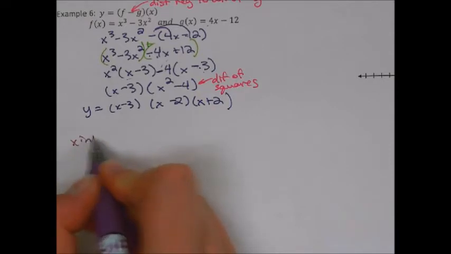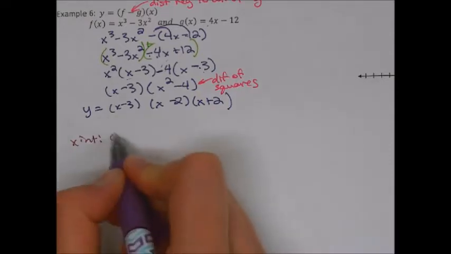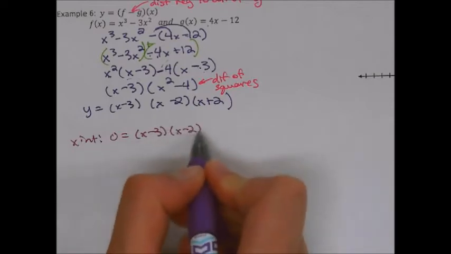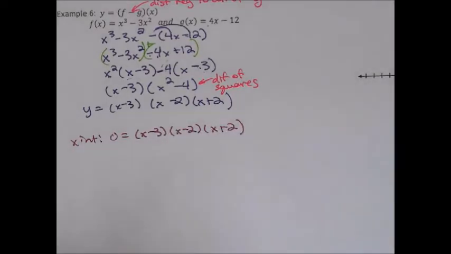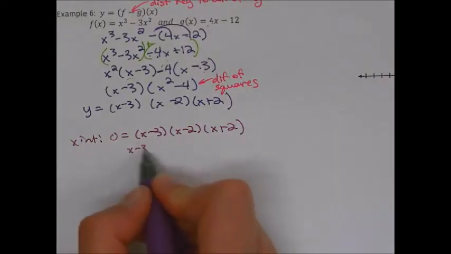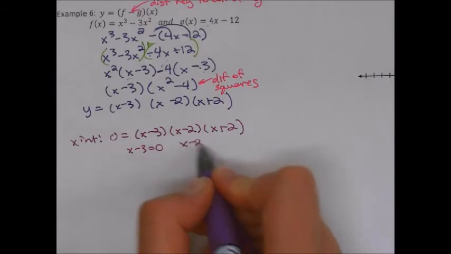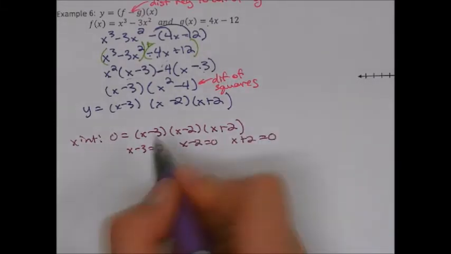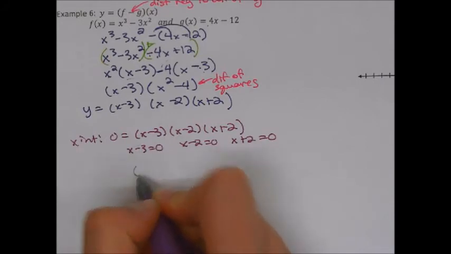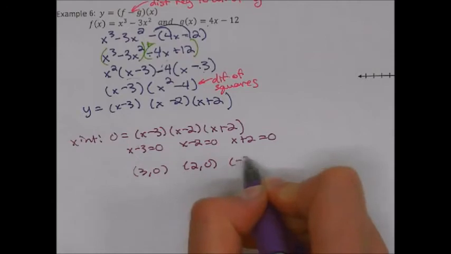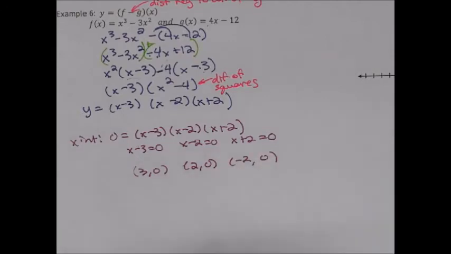For x-intercepts, make y 0. So I get an intercept here, here, here. So I have an intercept at 3, 0, 2, 0, negative 2, 0.